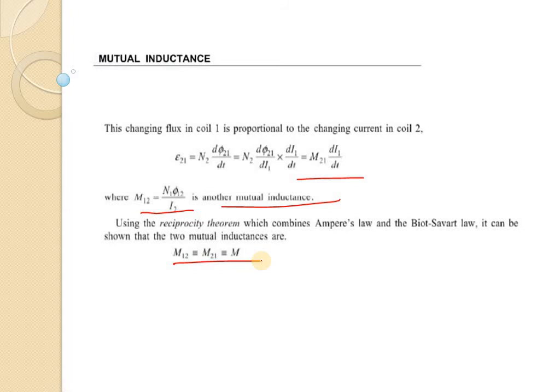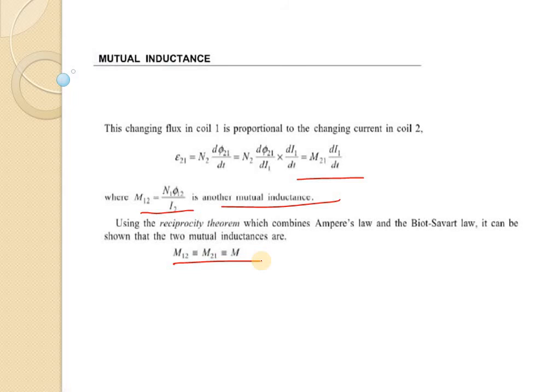So you have to remember that for the mutual inductance of the first coil to the second coil, as the effect is in the second coil, the value will be M21. Which one is affected? Coil 2, so the 2 will be written first.